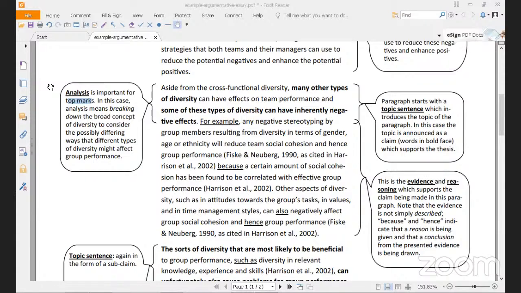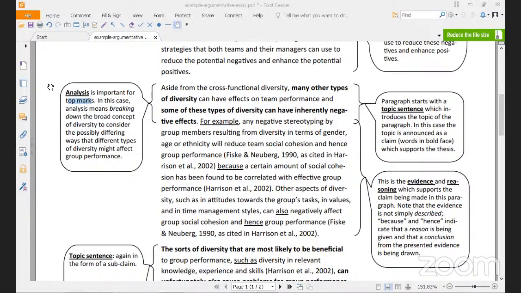Aside from the cross-functional diversity, many other types of diversity can have effect on team performance. Some of these types of diversity can have inherently negative effect.